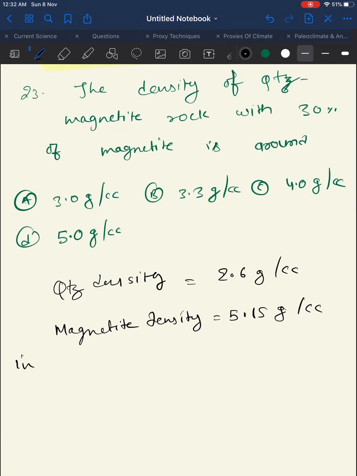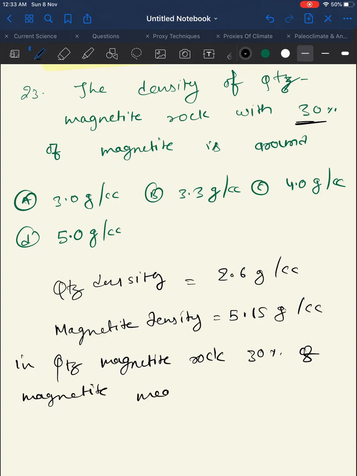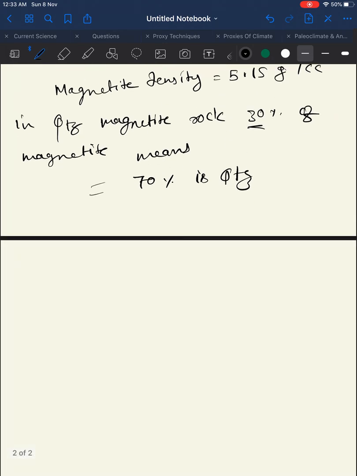In the quartz magnetite rock, the question says 30% magnetite is there. That simply means that if there is 30% magnetite, then 70% is quartz.